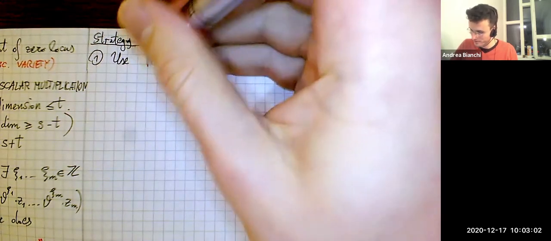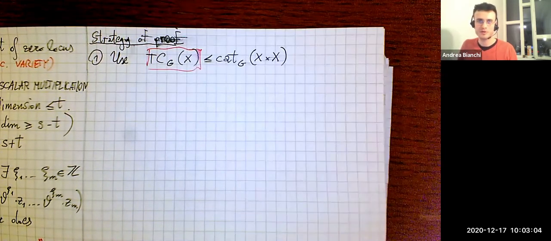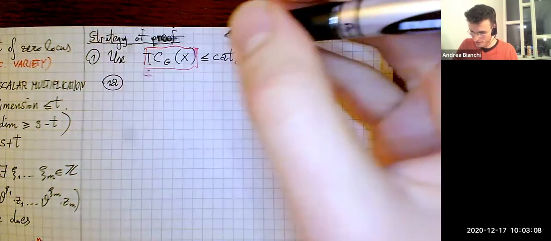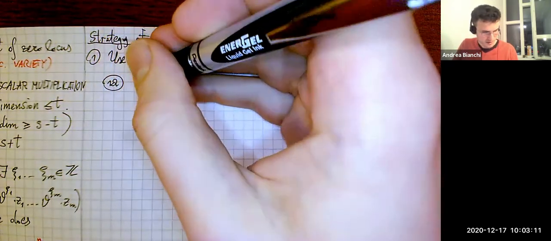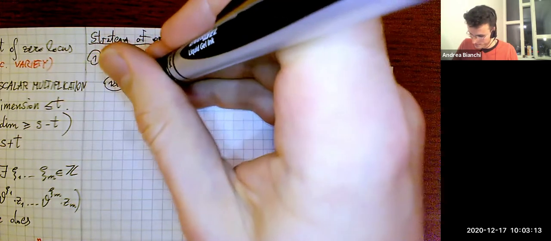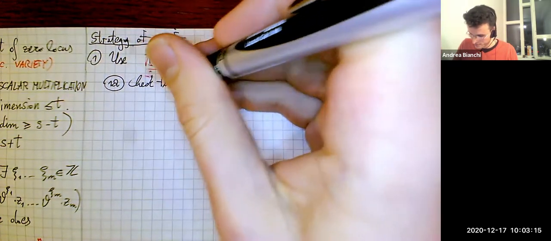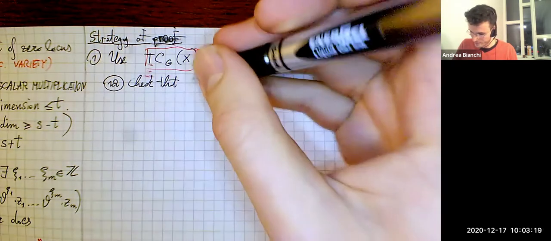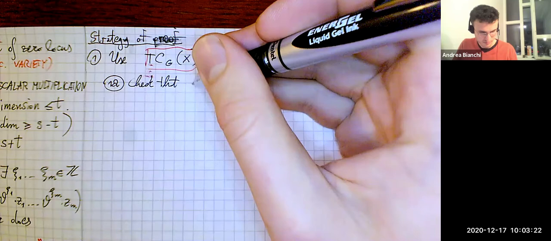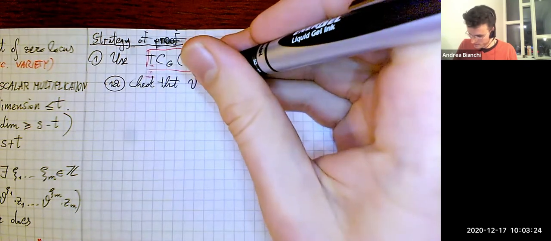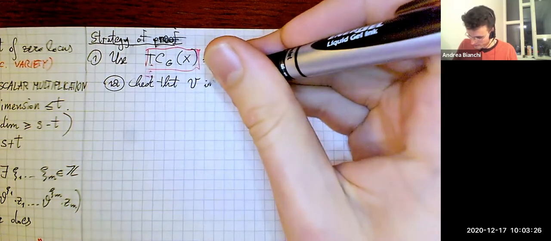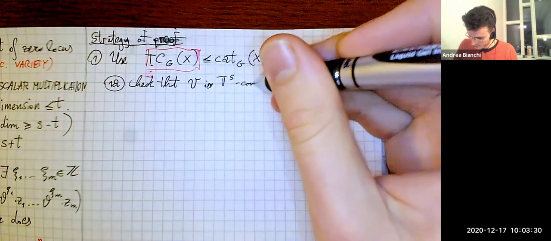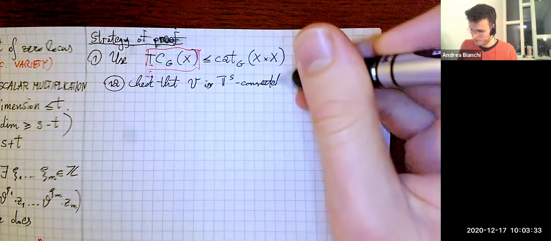But I mean, just to talk of this number, recall we have to check that the space we want to consider, namely V, is TS connected, right?